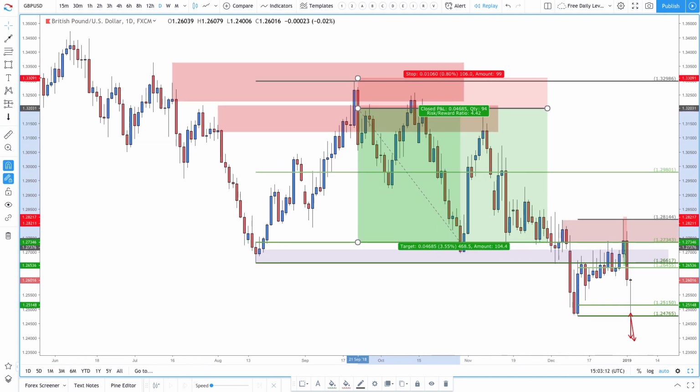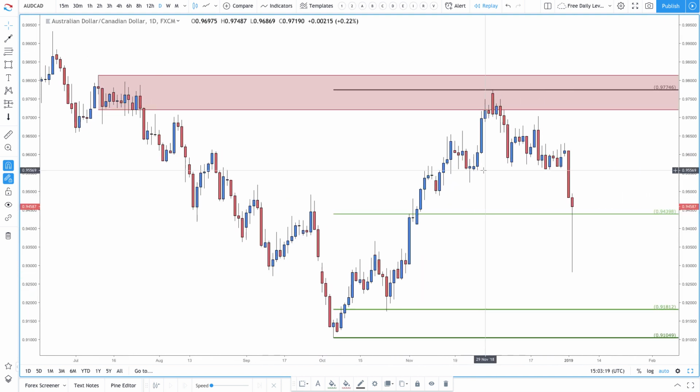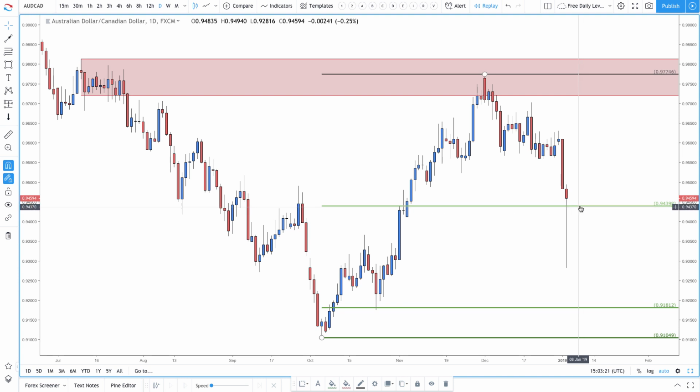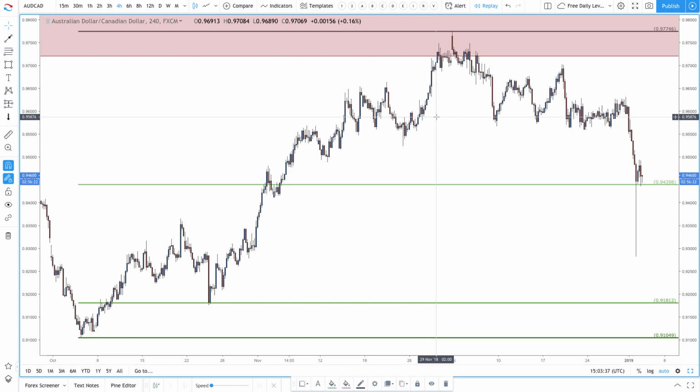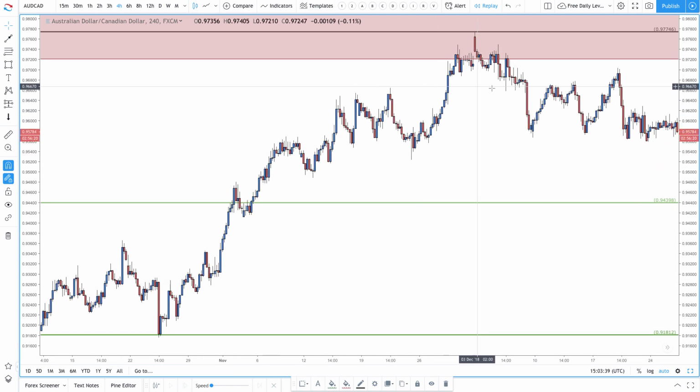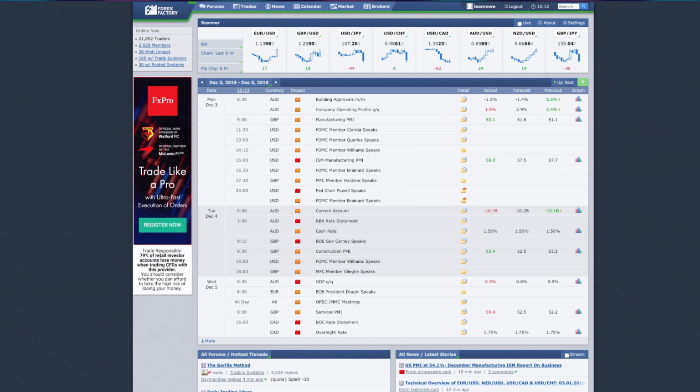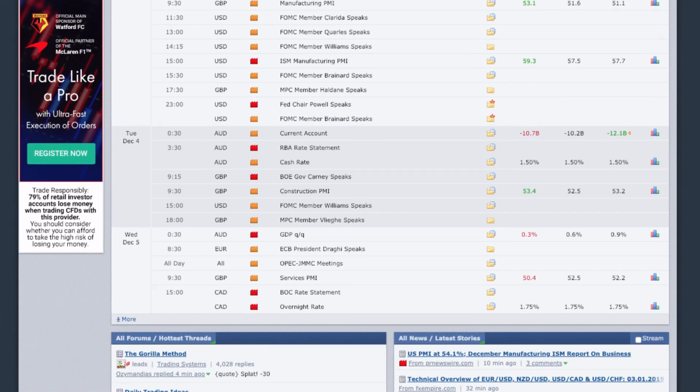Let me show you another trade that I actually did take, which was the Aussie CAD, and I was in this from last year, and it actually reached my profit target, which was 50%. It was from this supply zone around here, and really the catalyst for it was the Australian GDP figures, which came out way below expectations.